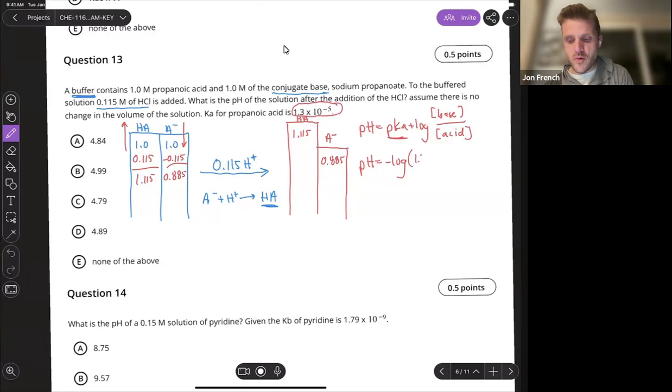So negative log 1.3 times 10 to the minus 5 plus the log of my base concentration, 0.885 over my acid concentration, 1.115.